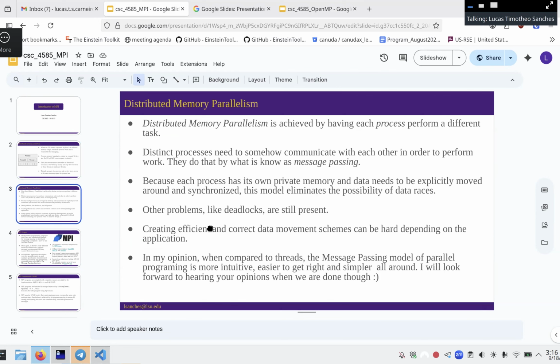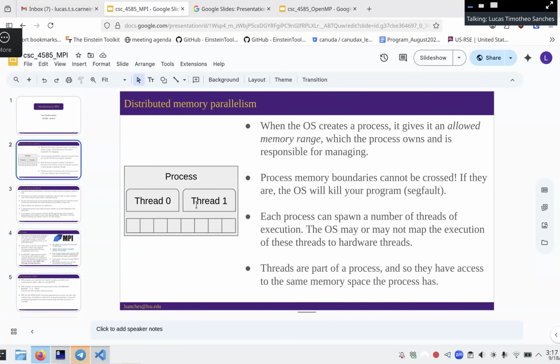Now, in contrast to that, we have distributed memory parallelism, okay? The concept here is that, let's say that instead of having a single process, I have more than one process. And each of these processes, from the operating system point of view, is going to have its private data, its private threads, everything as normal, right?